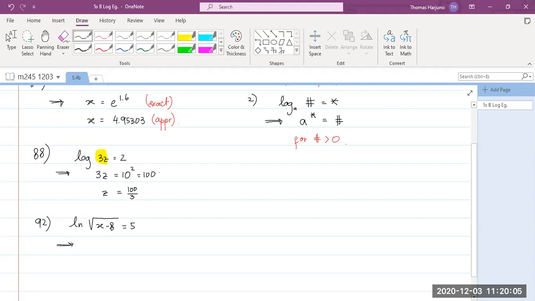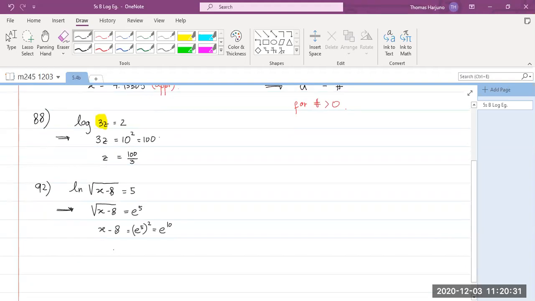So I change it into exponential form. The exponential form will be square root of x minus 8 equals e to the 5th. And then I square both sides. That's e to the 5th squared, which is e to the 10th, right? The power rule. And then I add 8. So x equals e to the 10 plus 8.